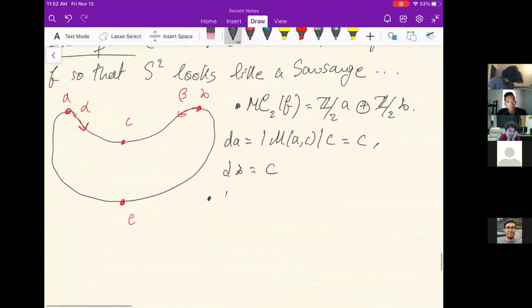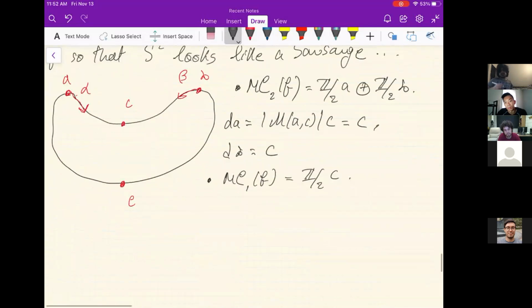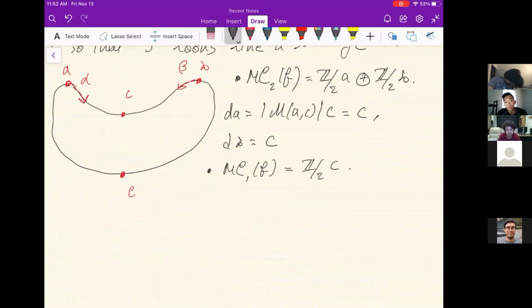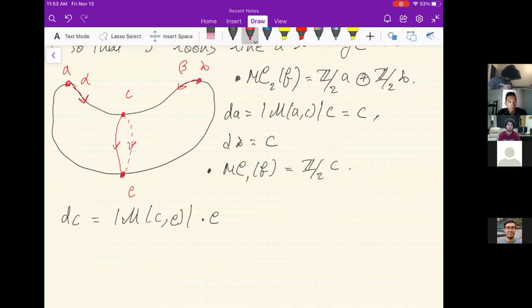Now let me talk about the Morse complex in degree 1. That's actually just Z2 generated by C. If I want to talk about the differential, there's only one point, so I consider the cardinality of this space times E. Now there are two directions that one would like to go from C to E along the gradient given by F. So that's actually 2E, and since we are in Z2 coefficients, that's actually 0.